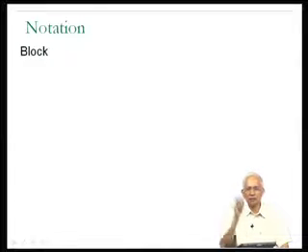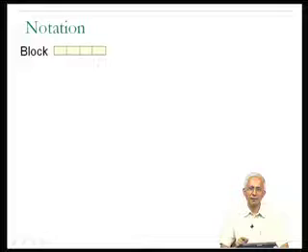In this notation, whenever I want to refer to a block, I will use a box that looks something like this. The reason is to indicate that we are talking about some number of contiguous locations, some number of bytes, which could span more than a word.